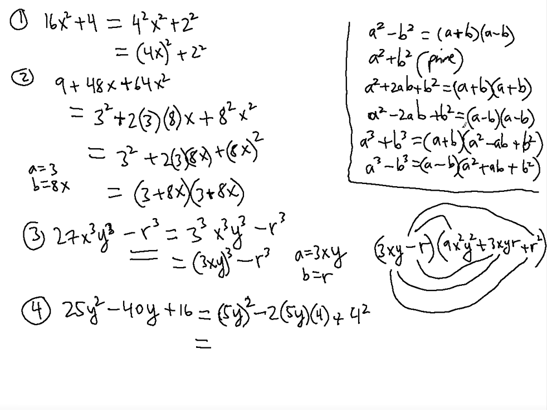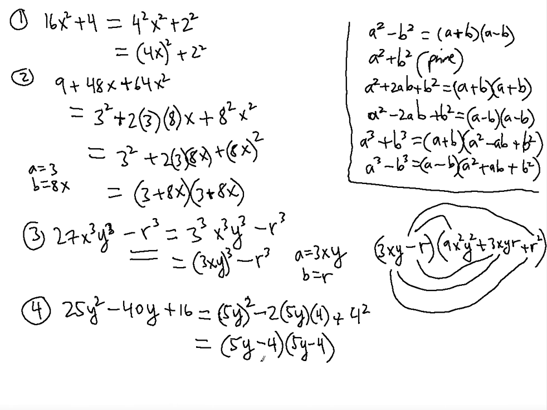So that should give you, using the formula, a minus b times a minus b. Let's see if it works. So a was 5y, and the b value was 4. So 5y minus 4 must be multiplied by itself to produce the original polynomial that we started with, 25y squared minus 40y plus 16. But let's check if it does.